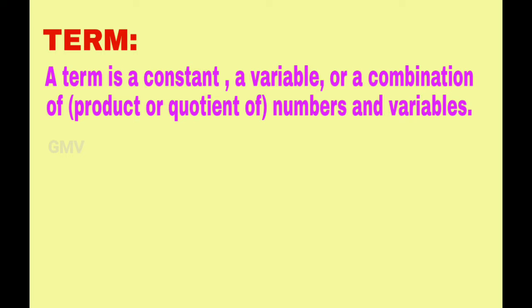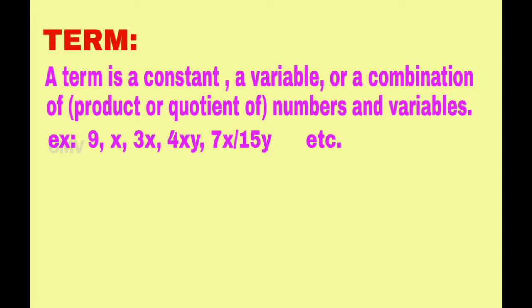A constant, a variable, or a combination of constants and variables is called a term. For example, if you take 9, x, y, 3x, 4xy, 7x by 15y, we may take any constant or variables or combination of them. They are called the terms.